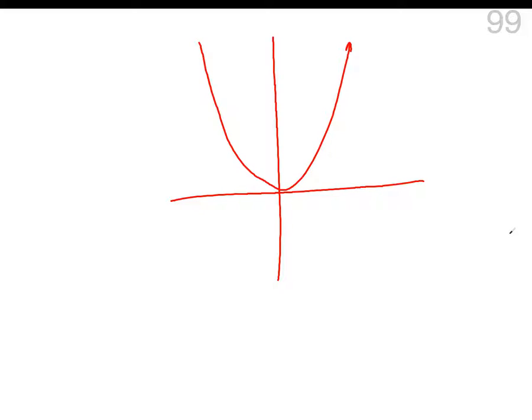Let's do, okay, let's do that, and we'll go from -2 to 2. So I'm wondering, what is the integral from -2 to 2 of x squared dx?